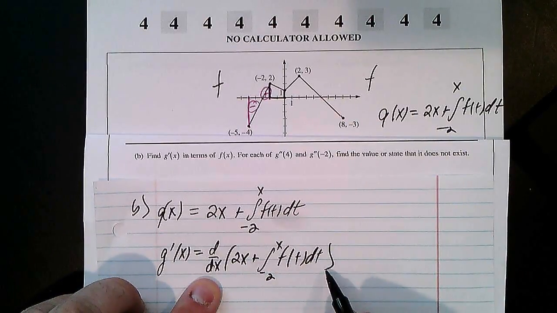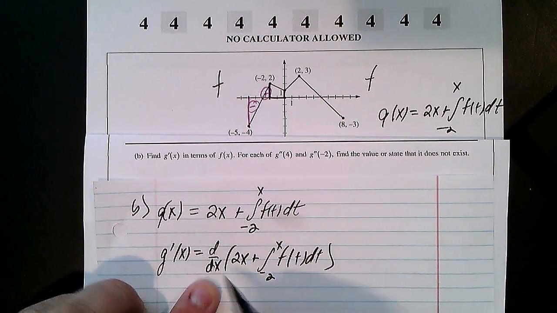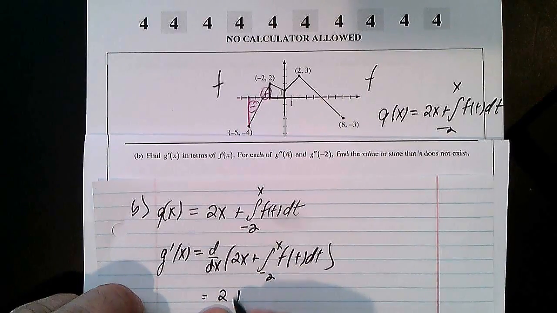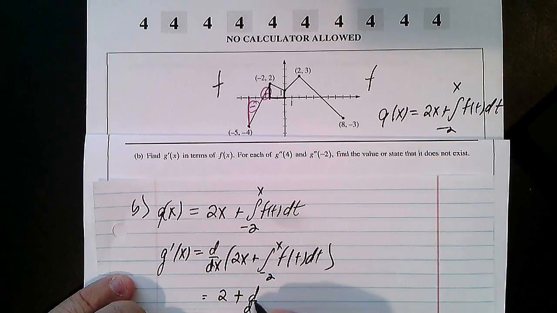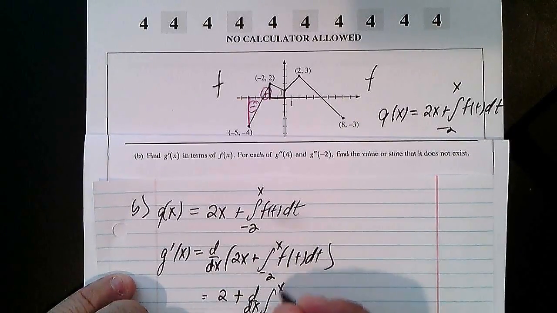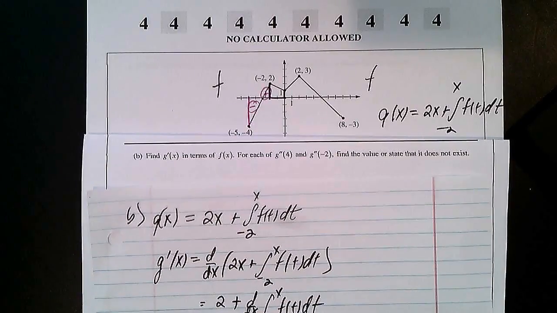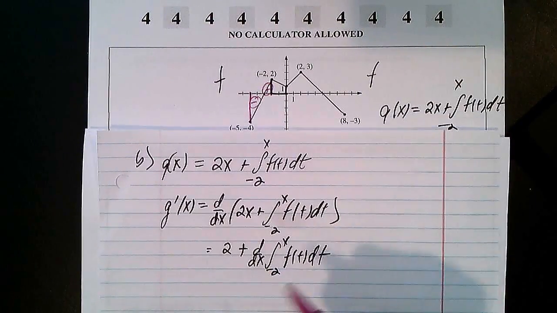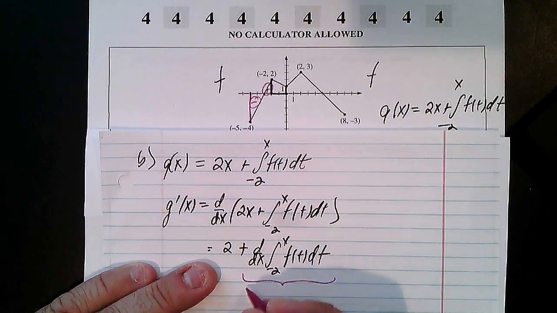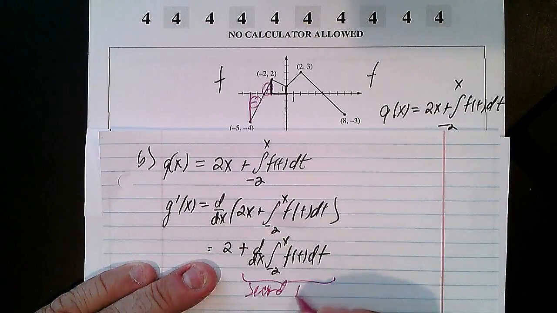We can take the derivative of each of these terms separately. The derivative of 2x is 2, plus now we need to take the derivative of the integral from negative 2 to x of f of t dt. This part over here is known as your second fundamental theorem of calculus.